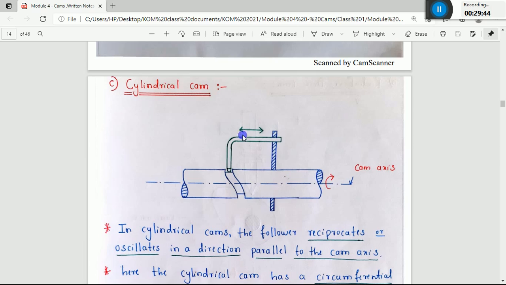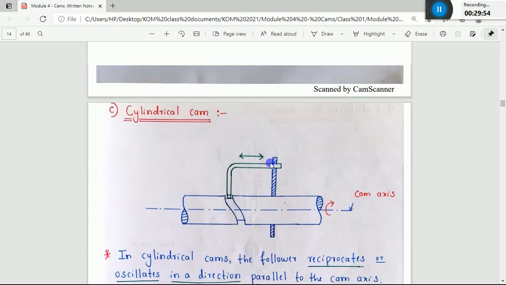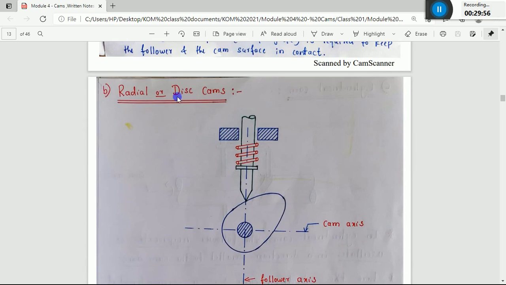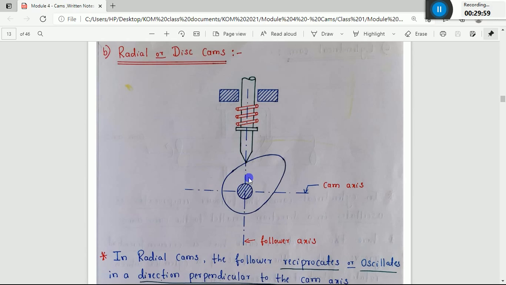In this case, you can consider that the axis of this cam and the axis of this follower are both parallel to each other. But in the case of a radial cam, the axis of the camshaft will be perpendicular to the paper, and the axis of the follower is in a vertical direction. Both are perpendicular, and the axis of the cam is perpendicular to the paper or the screen. Hence it is called a radial or disc cam.